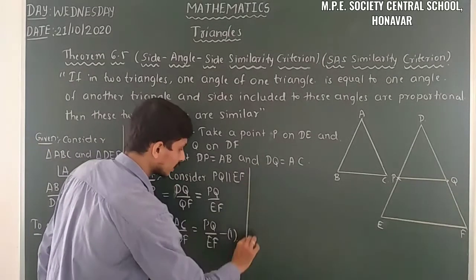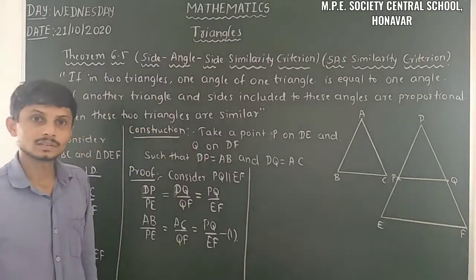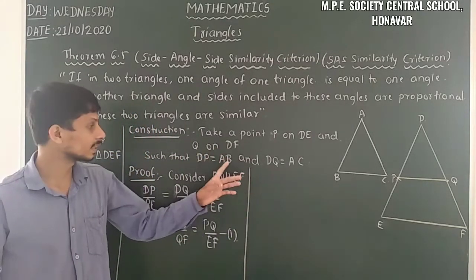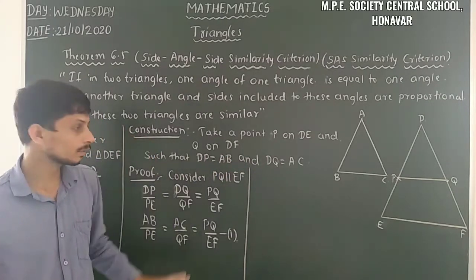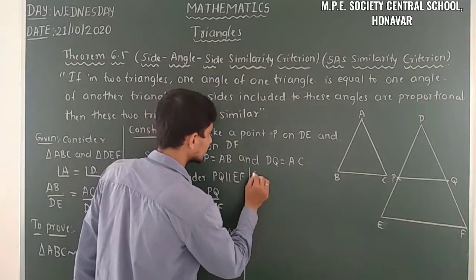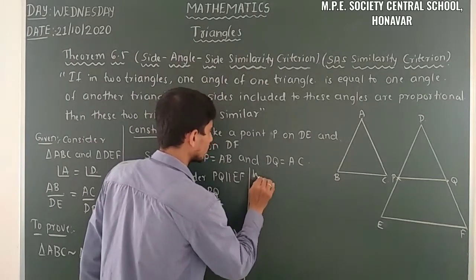Let us take some of the known things, that is DP is equal to AB and DQ is equal to AC.